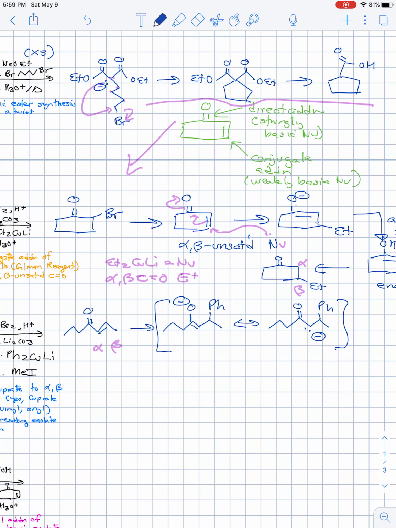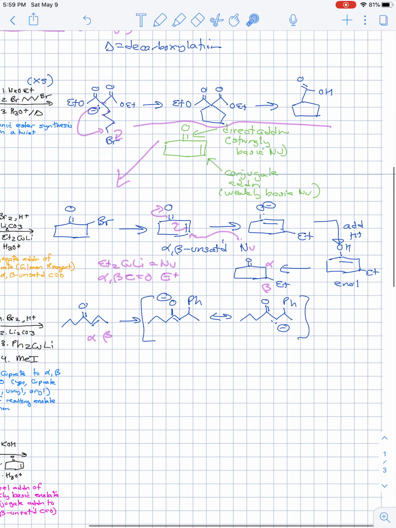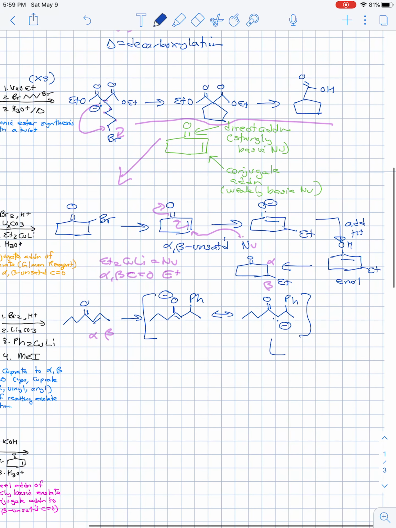And now we're going to do the reaction where the enolate acts as the nucleophile, and this alkylating entity is our familiar electrophile, and I'm going to push this down here. So there's our phenyl group.